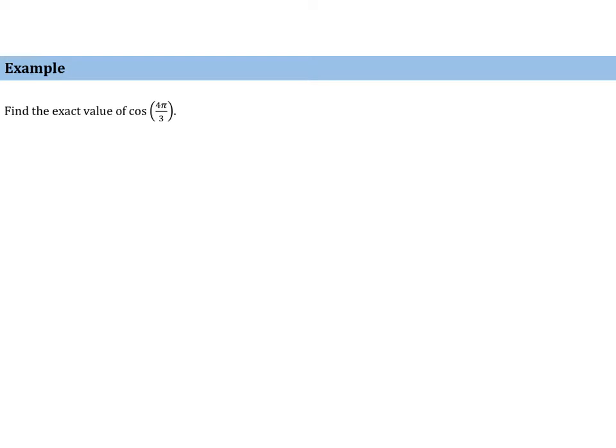Now let's look at cosine of 4 pi over 3. You may want to take 4 pi over 3 and look at 4/3, and that is 1 1/3. So as we go to sketch our angle 4 pi over 3, to figure out what quadrant this is in, we have 1 pi, and then we have 1/3 of a pi, which is under a half.